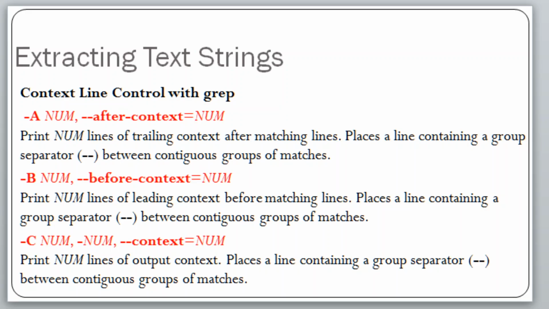So we can do a grep -A and a number, and it'll display the number of lines trailing the matched context. We can do a -B number, and it'll display the number of lines leading the matched line. And we can do a -C number, which will print the number of lines of output context.